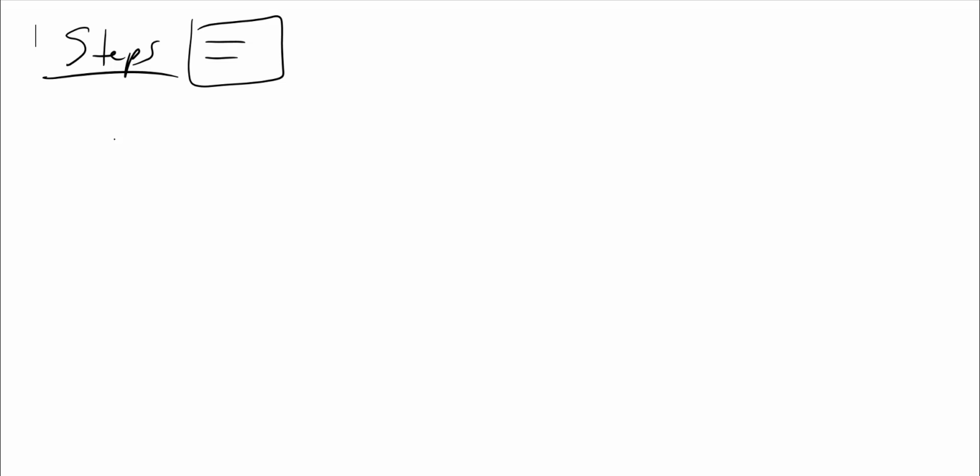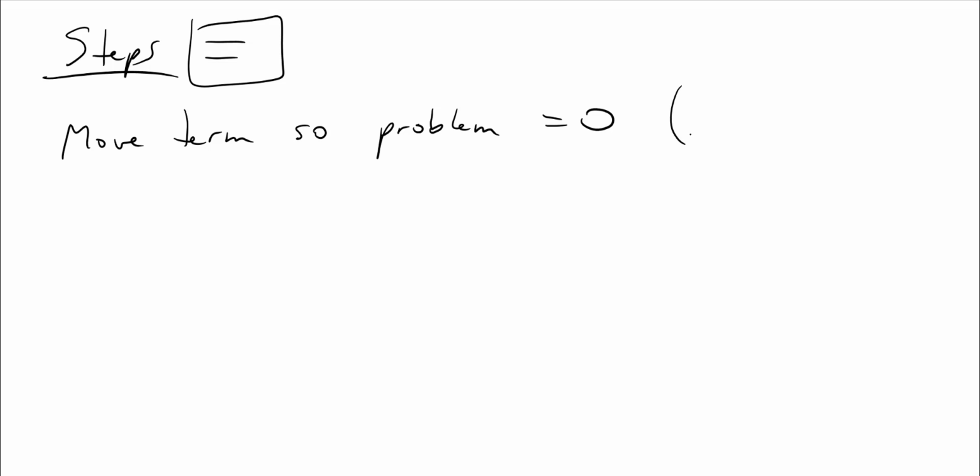The first thing you're going to do is it needs to be equal to 0. So move terms so the problem equals 0. That's important. You got to move the terms around so the problem equals 0. And you're going to do that by adding and subtracting. Okay? That's the first step.